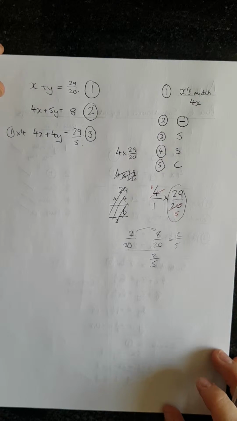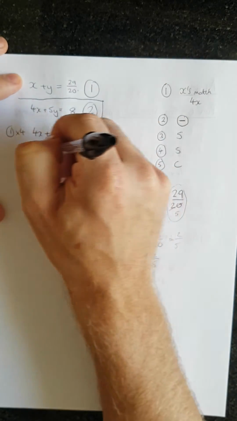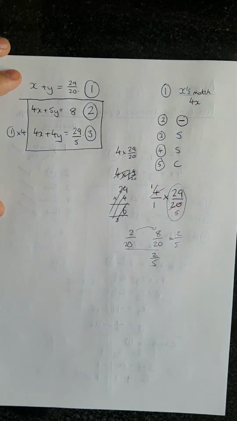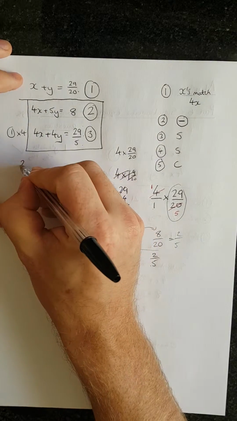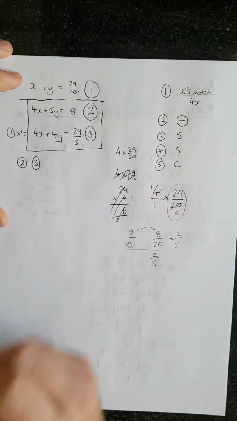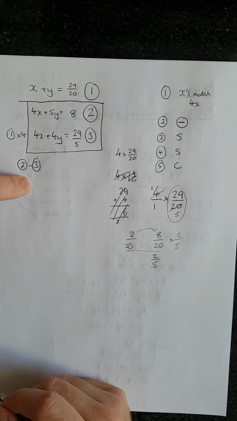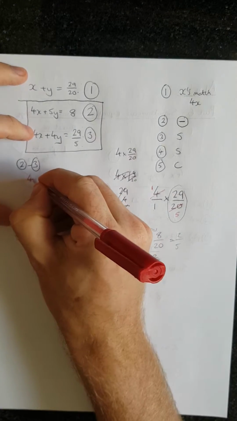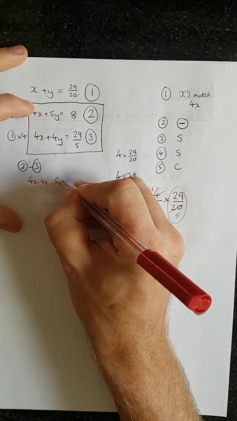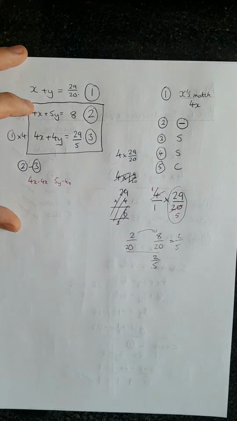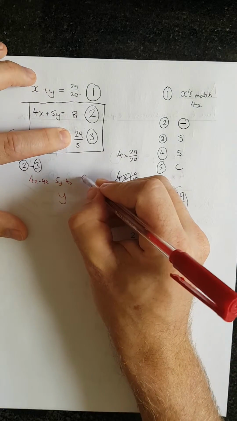So, label that 3. We've got 4x in 2 equations now, which we're going to focus on. It's a subtract, so it's this, subtract this, because that's got larger numbers. 4 subtract 4 is nothing. Five subtract 4 will give me y. 8 subtract this.